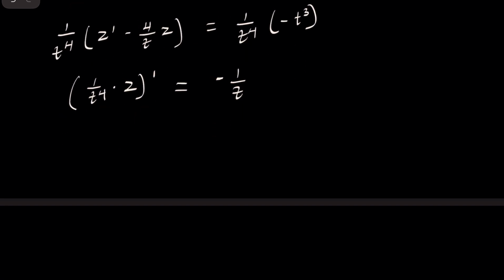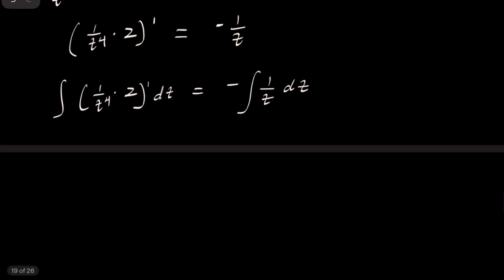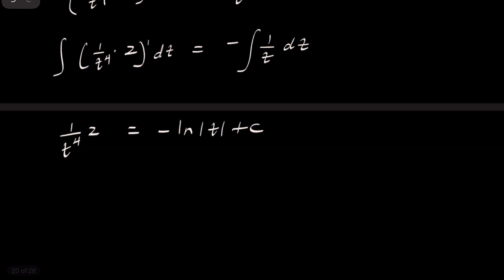We now integrate both sides with respect to t, so that's going to give us the integral of 1 on t exponent 4 times z prime dt is equal to minus the integral of 1 over t dt. Thus, we are going to have 1 over t exponent 4 z is equal to minus ln of the absolute value of t plus c. So we find z, so that will be z is equal to minus t exponent 4 ln of the absolute value of t plus c t exponent 4.